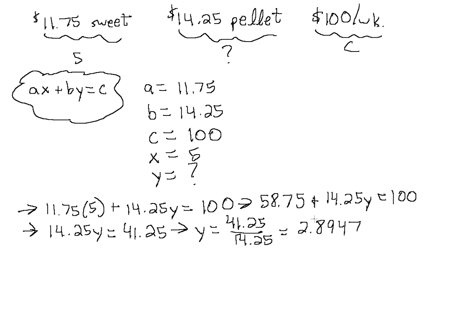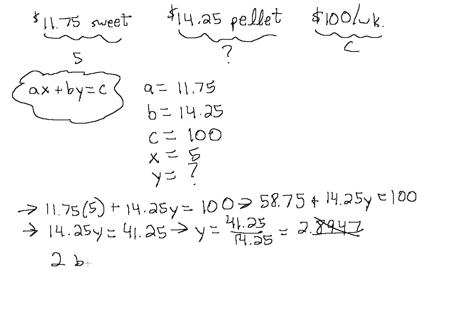Okay, so he can't quite afford 3 bags, so if we round down, we never want to round up because he can't afford 3. He can afford 2 bags of pellet feed each week.